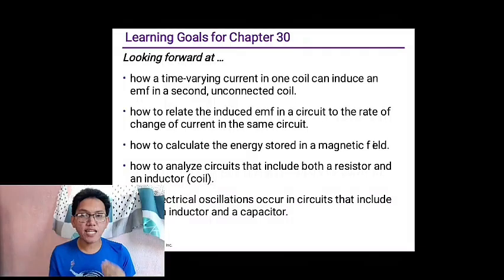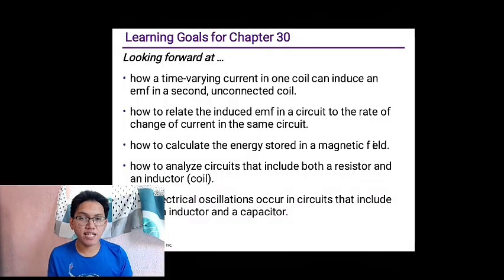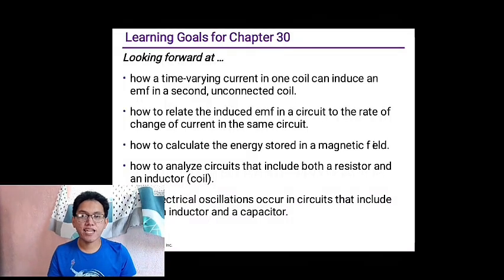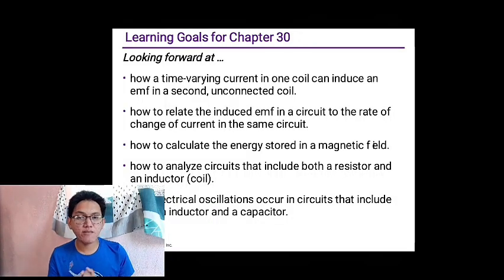Third, calculate the energy stored in a magnetic field. Fourth, analyze circuits that include both a resistor and an inductor, also known as RL circuits. Finally, explain why electrical oscillations occur in circuits that contain both an inductor and a capacitor.